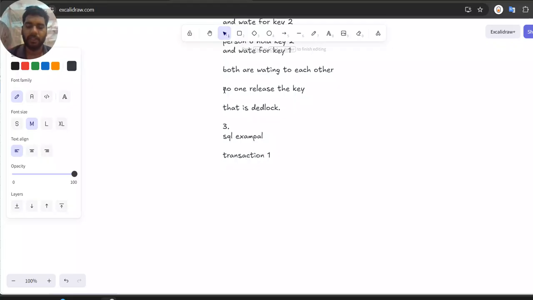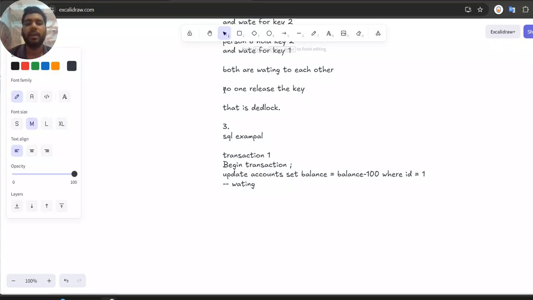Begin transaction, then update account set balance equal to balance minus 100 where ID is equal to 1, and then wait some time.